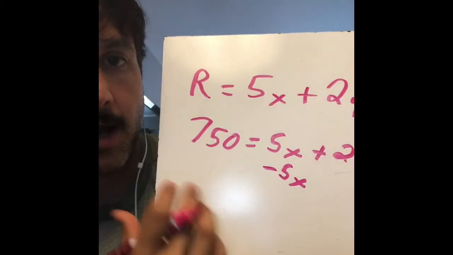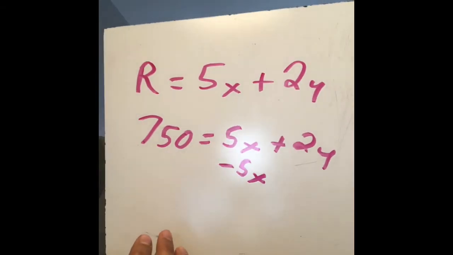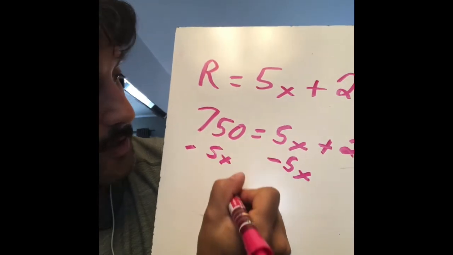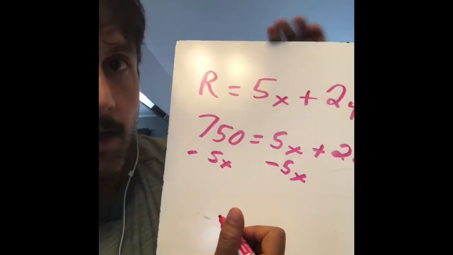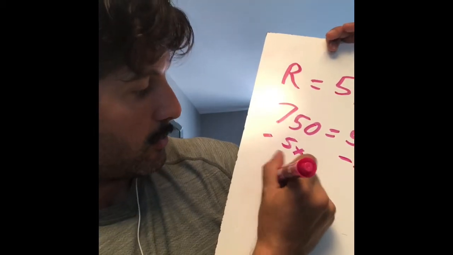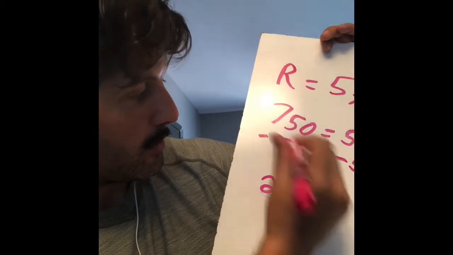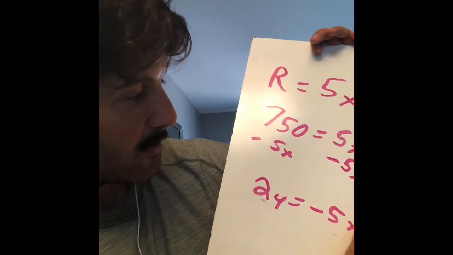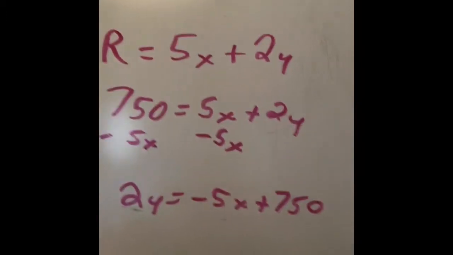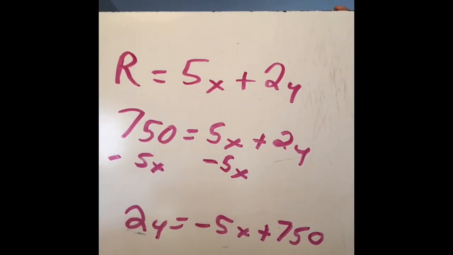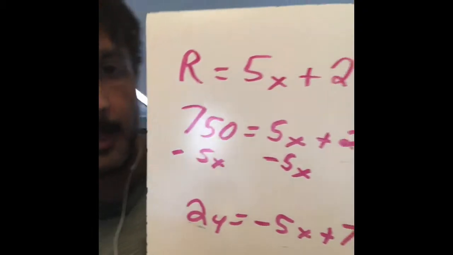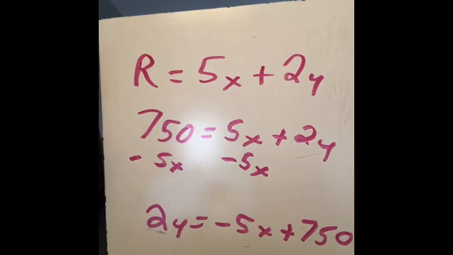Subtract 5X from one side, you need to subtract 5X from the other side. So now I'm going to write this as 2Y equals negative 5X plus 750.